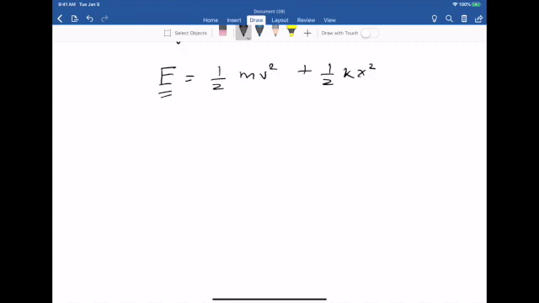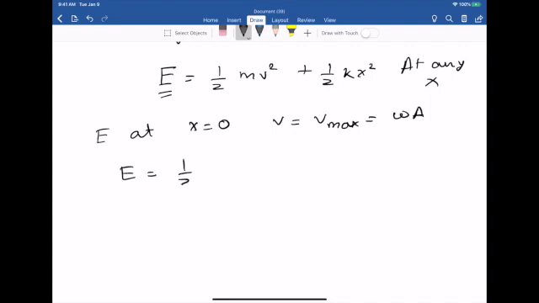So this is the energy at any point. What we are doing now is calculating the energy at x equals 0, right? So we know that v is equal to Vmax, which we just derived is omega times A. So the total energy would be 1/2 m Vmax squared at x equals 0.